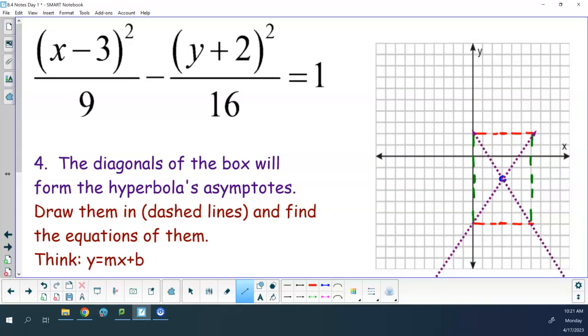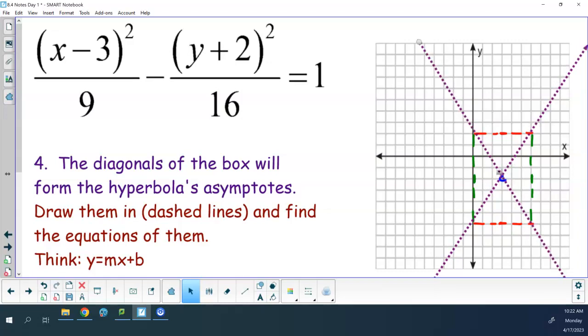Ideally, you would use a ruler or a straight edge for this, because this is going to give you the framework for your hyperbola.